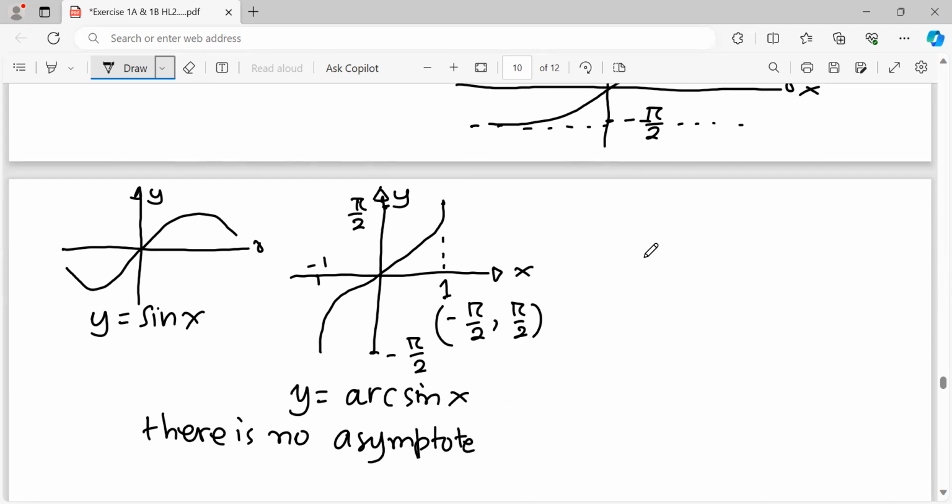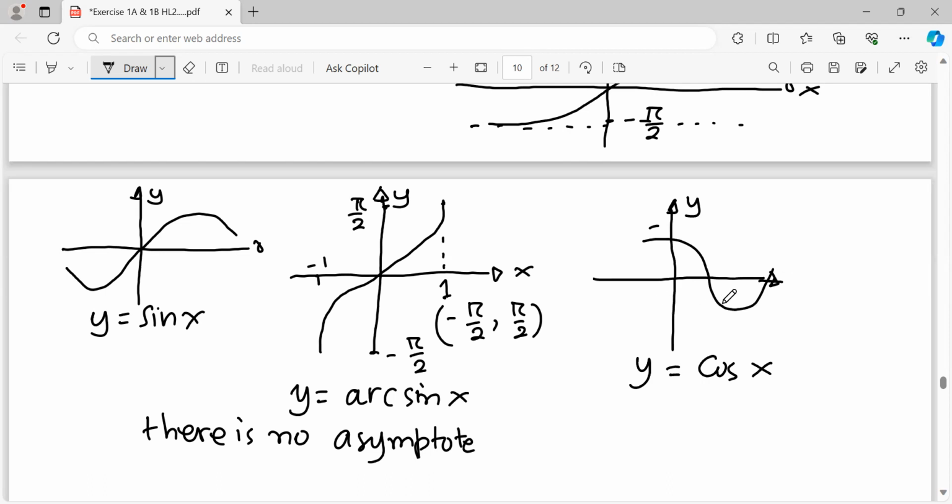So how about cosine? I will sketch cosine first. A graph of cosine looks like this, and look, there is no asymptote on cosine.